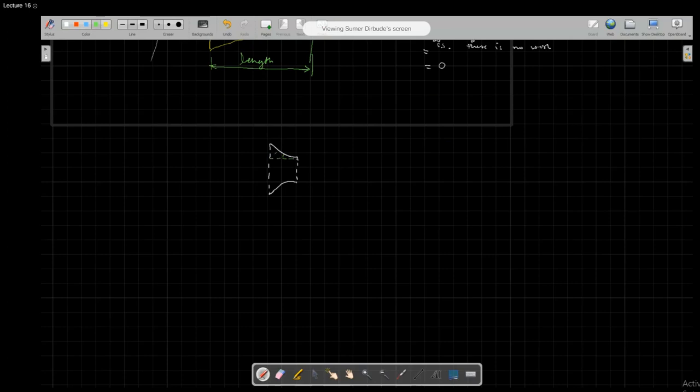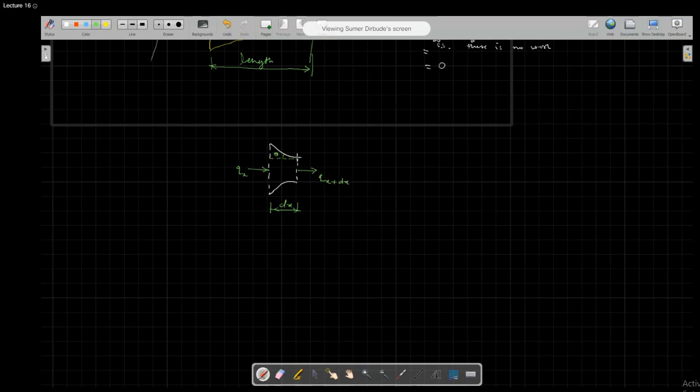So let this be some theta, and there will be a Q in, and this is a delta dx. So at this space, Qx plus dx.